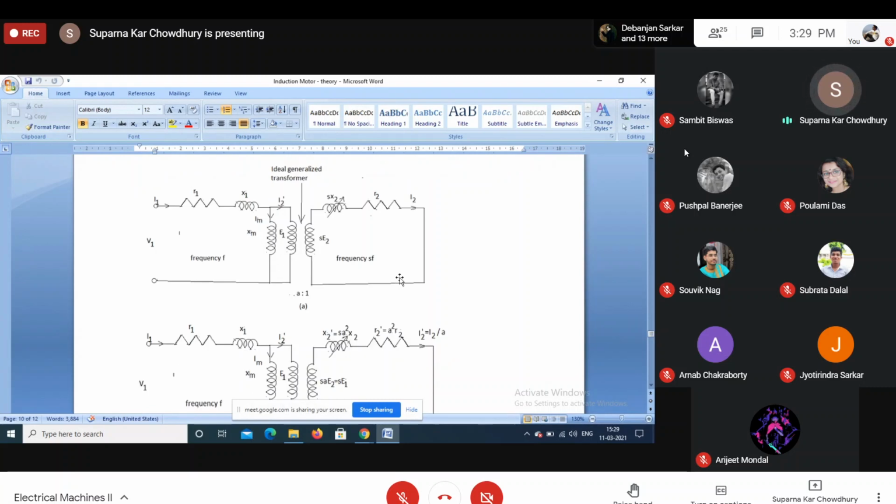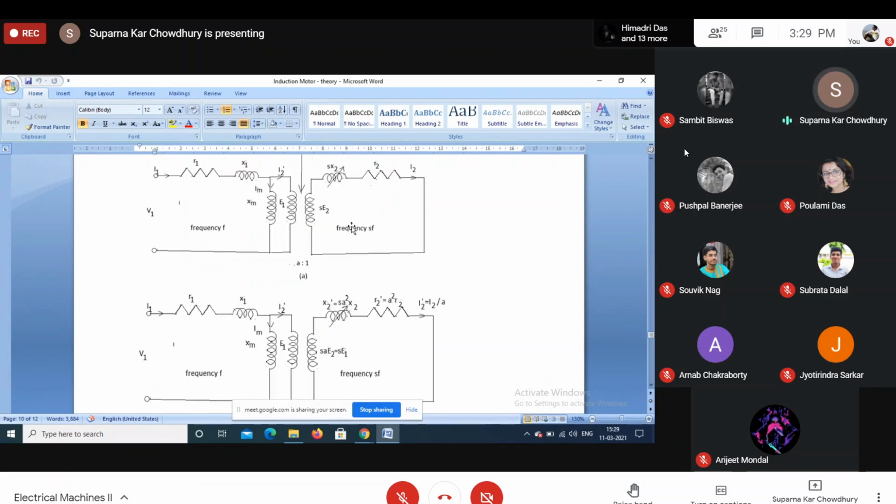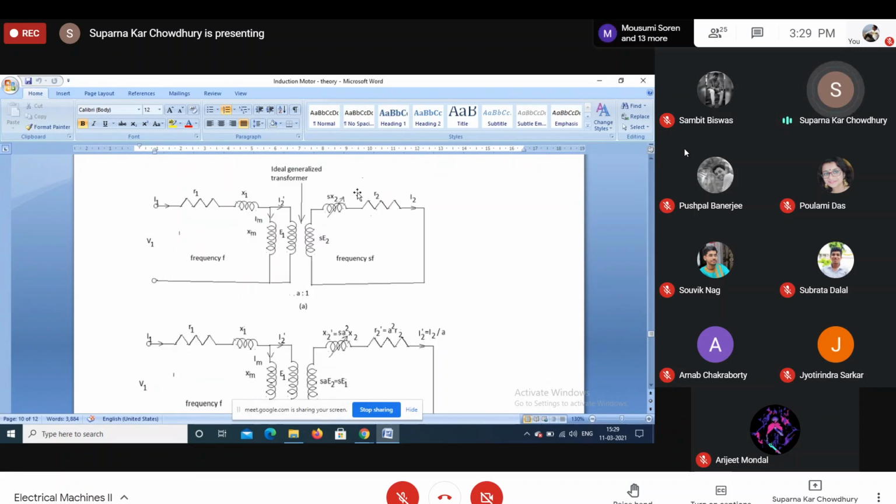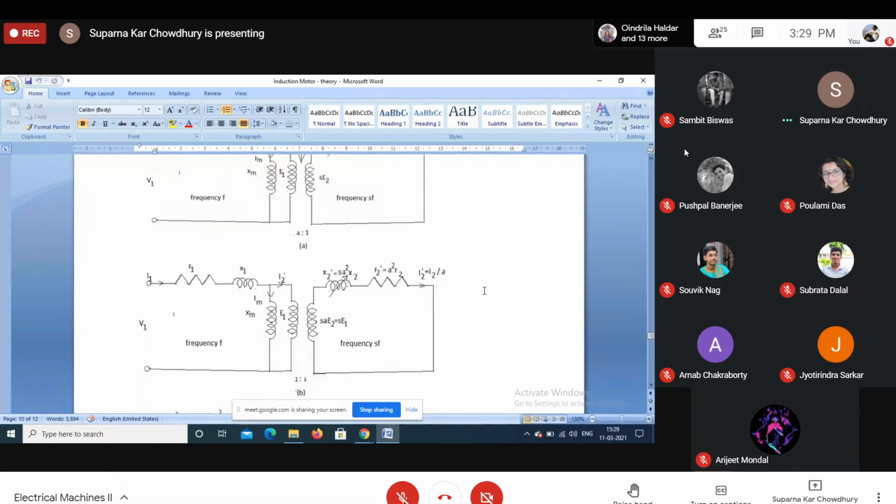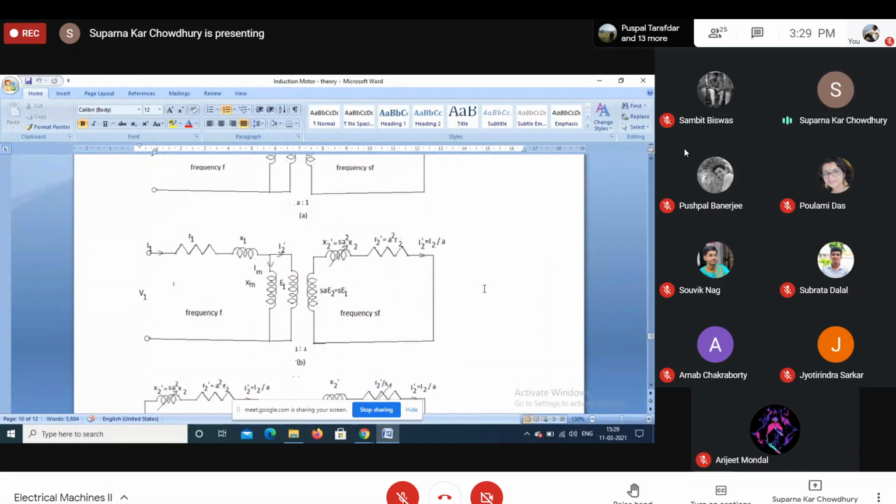Now next, we can transfer the secondary. The turns ratio is A:1. So we can transfer it into a transformer with ratio 1:1. That is, we can refer the secondary quantities to the primary side, the same way we have done for the transformer.